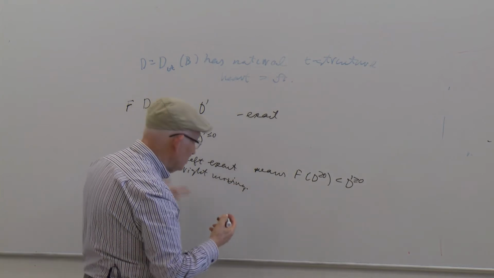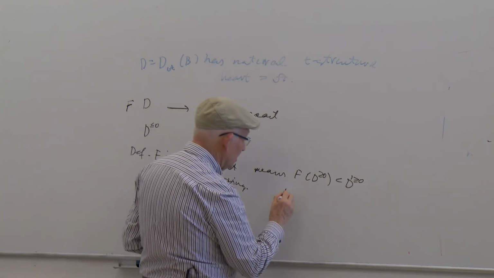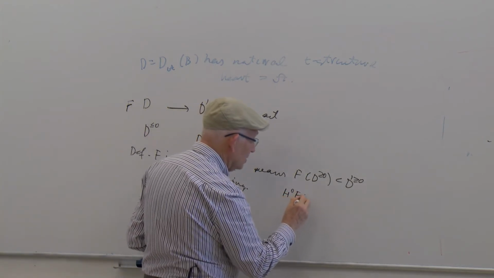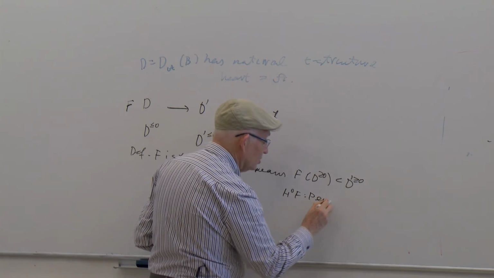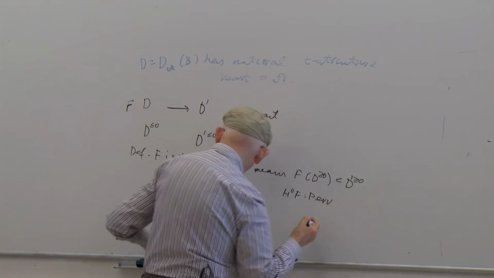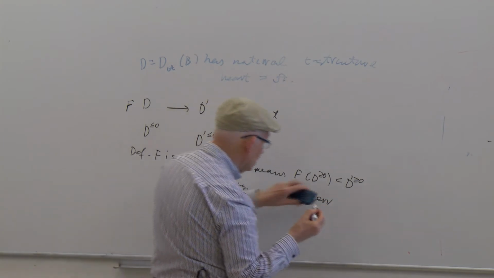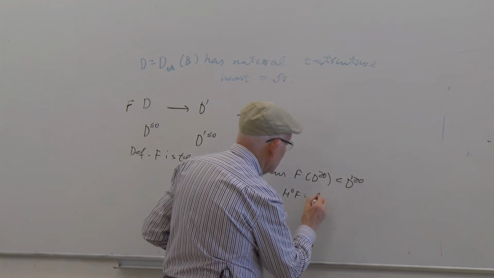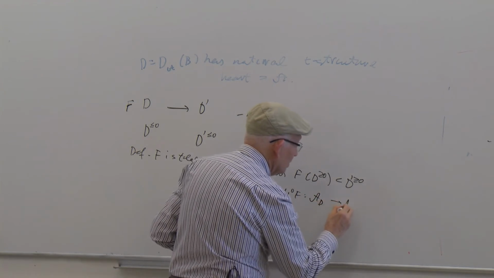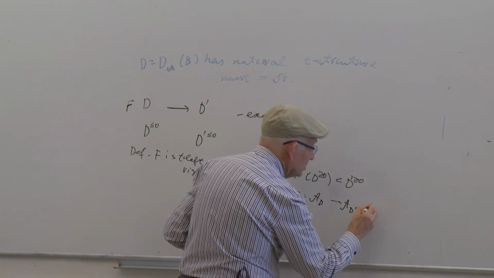In particular, this would imply that if you consider H⁰F, then it maps the perverse heart of t, A_D, into A_D', and is left exact.